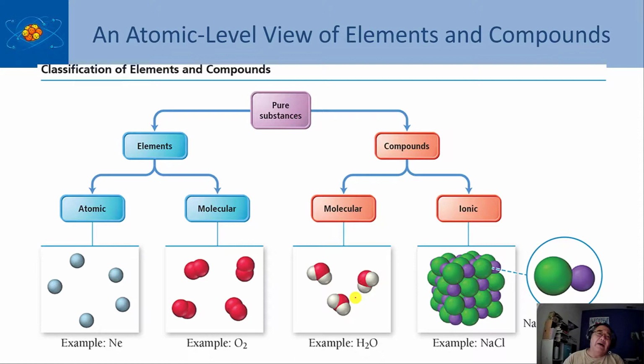And then you have ionic, which is really the representation of the larger structure of the ionic compound. So this sodium chloride unit, for example, is the smallest unit. It's actually called the formula unit of the ionic compound. And the actual structure of sodium chloride really looks like this.